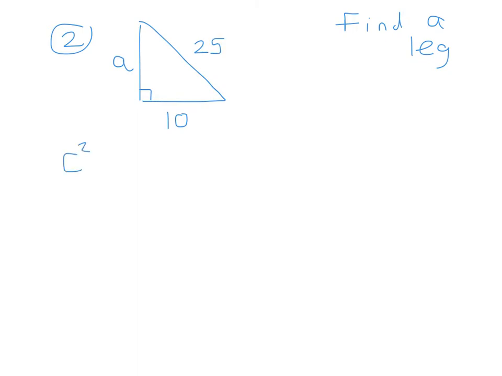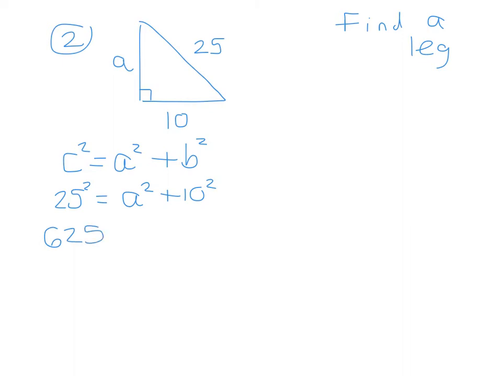So once again, we're setting up C squared equals A squared plus B squared. This time we know that C is 25. So 25 squared equals A squared plus 10 squared. 25 squared is 625 equals A squared plus 100.